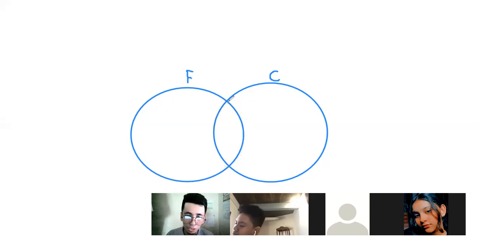What number will be in the French and Chinese language? Those students taking both languages, French and Chinese.